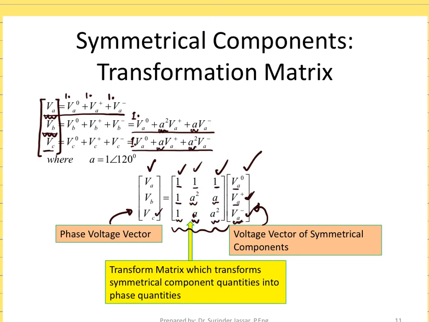We have divided an unbalanced three-phase system into a set of symmetrical component systems. Then we have solved for the symmetrical component values. Then we use the transform matrix, which transforms the symmetrical components into the required phase voltage values.